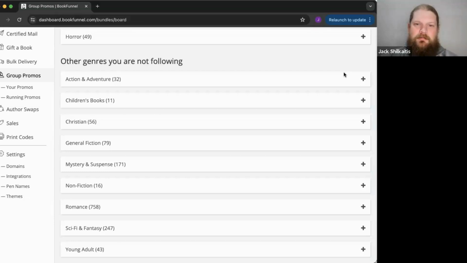Some of the things that BookFunnel can do to also make that a little bit more visible, right? We're always looking to add more tools, folks. So if you have suggestions, I just ask that you keep it positive, because believe me, we know that there are improvements to be made. It keeps us up at night, all the things that we could do to improve BookFunnel and make it even better.